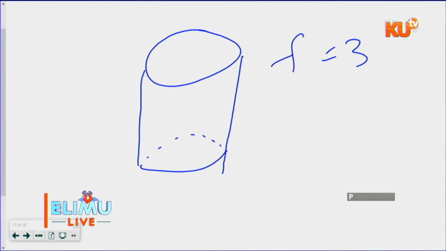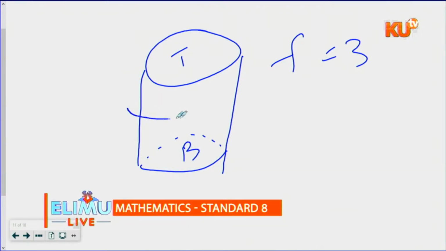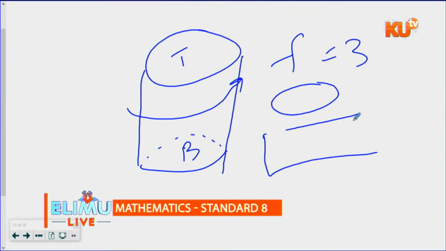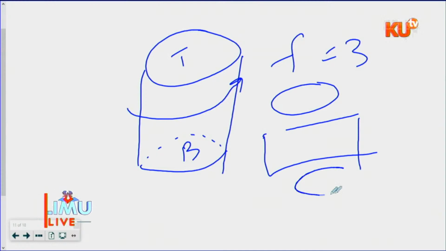If it is closed, we have the top, the bottom, and then the curved part, which is a face on its own. Remember, when we open the cylinder, these are the faces we'll have.